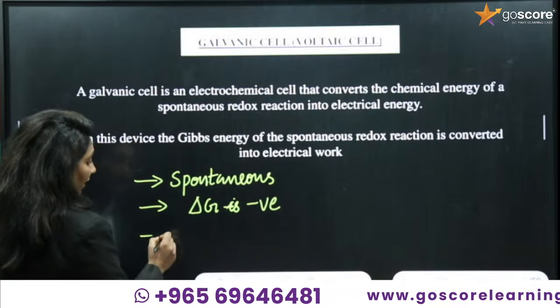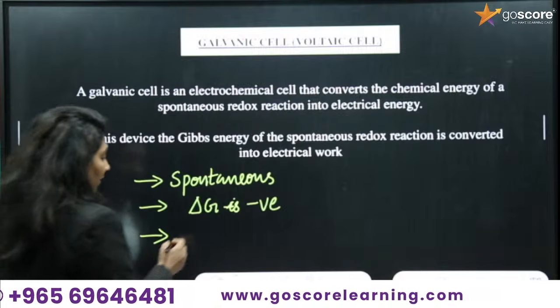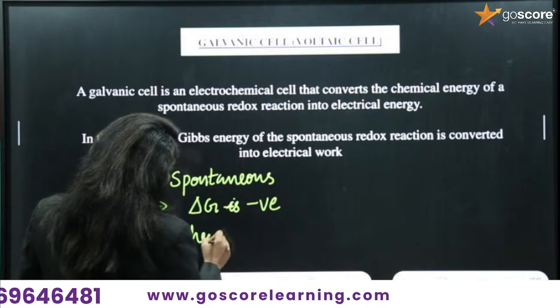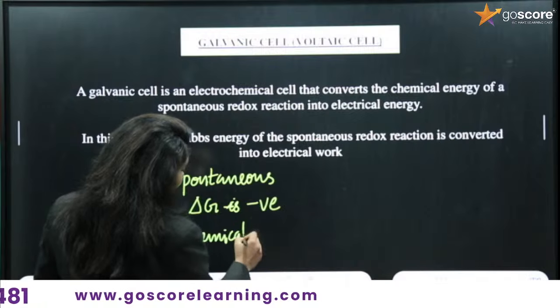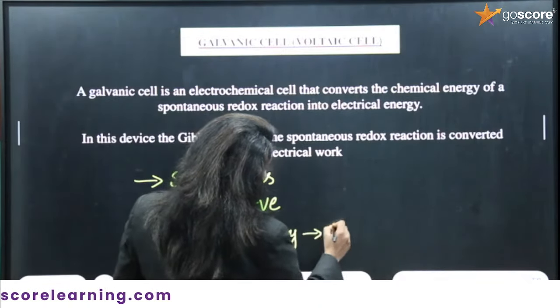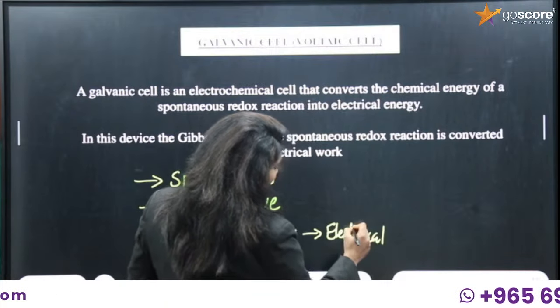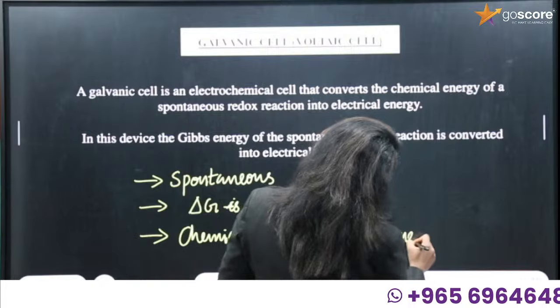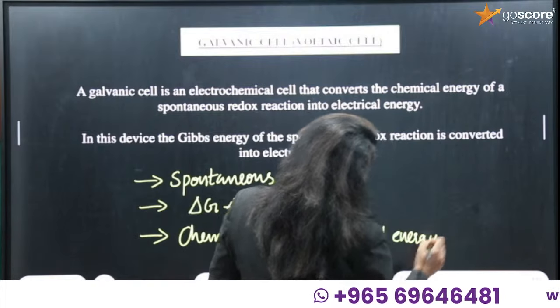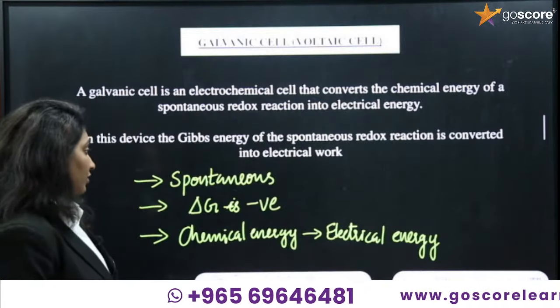And we know that in a galvanic cell the chemical energy is converting to electrical energy, right? So there is conversion of chemical energy to electrical energy.